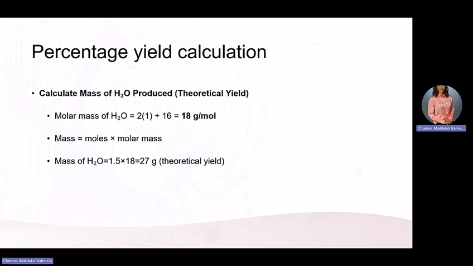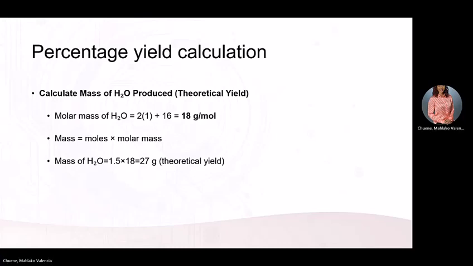All right, so when we look at this one in terms of the theoretical yield, we want to find the mass for our theoretical yield. So remember, when we do actual and theoretical yield, we calculate the mass and not the moles, which is why we are converting into our mass.